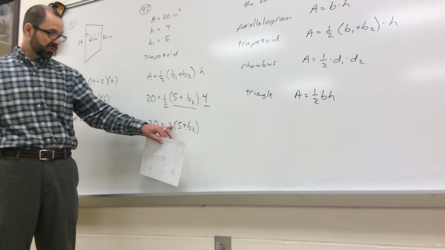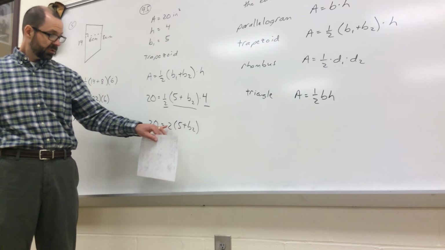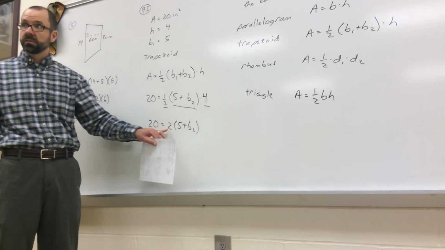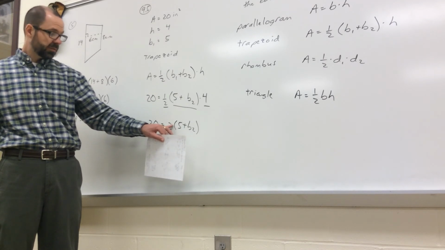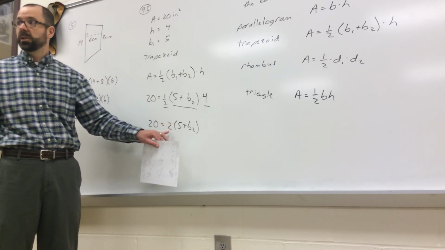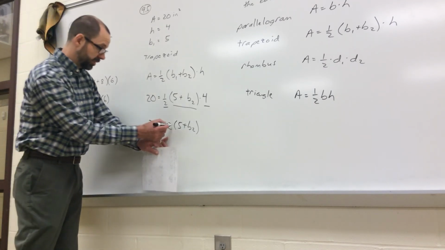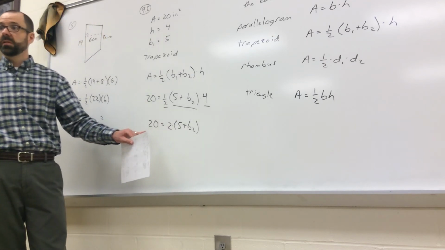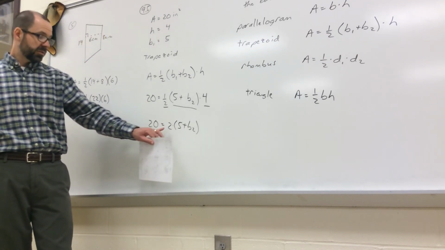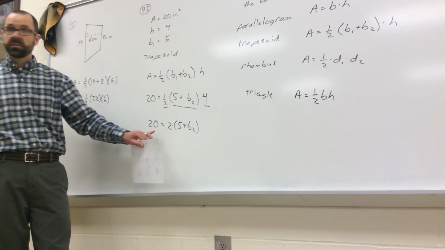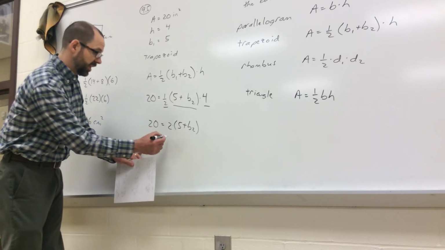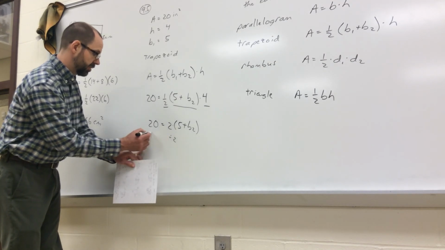Is it 2 subtracted? 2 divided? What goes there? Multiplication, right? 2 multiplied by 5 plus b. So how do you get rid of multiplication? Divide. So I'm going to divide by 2 on both sides to get rid of that multiplication.